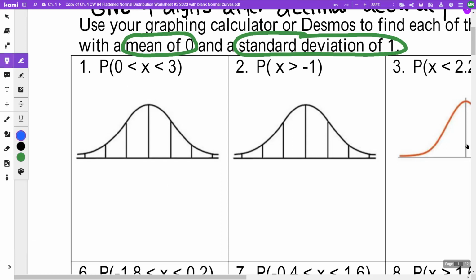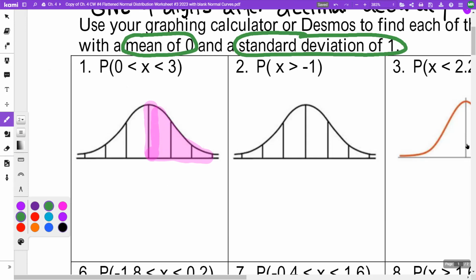So we're really looking at this section here. This would have been 0, and this over here would have been 3.